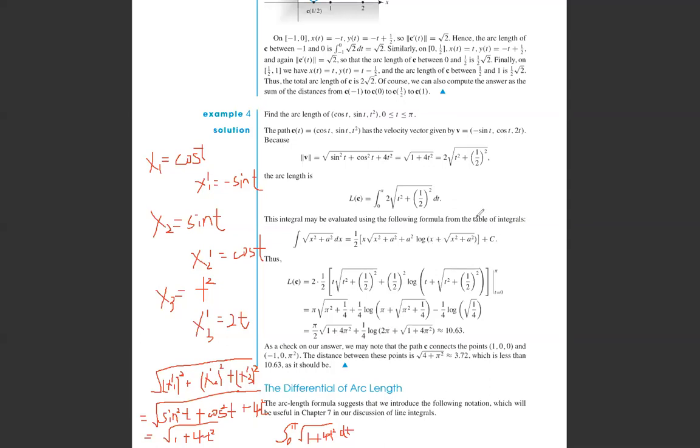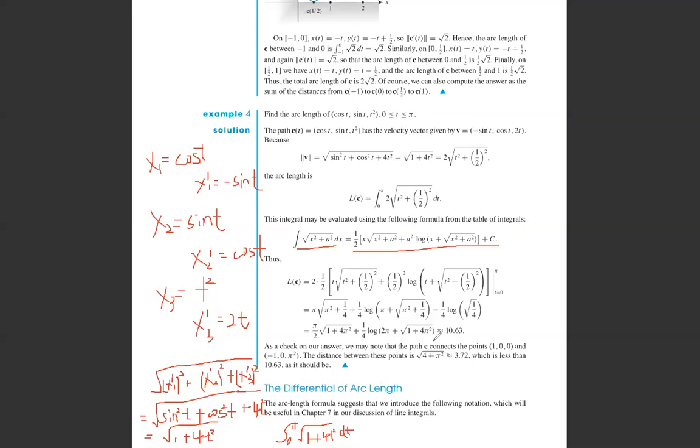Well, in this case, you have to pull out a formula table that the integration of the square root of x squared plus a squared is just by the formula like this. So apply the formula, you just plug in pi here minus 0 here.